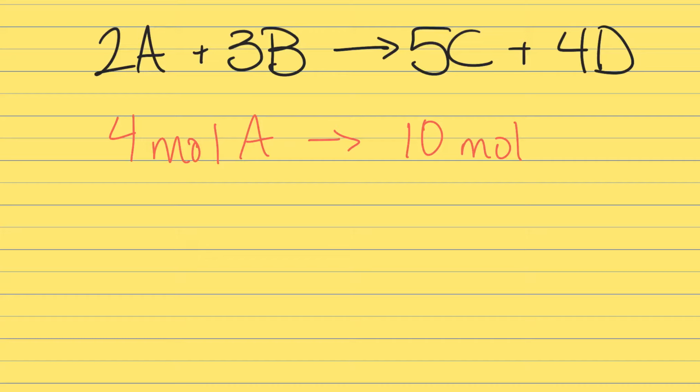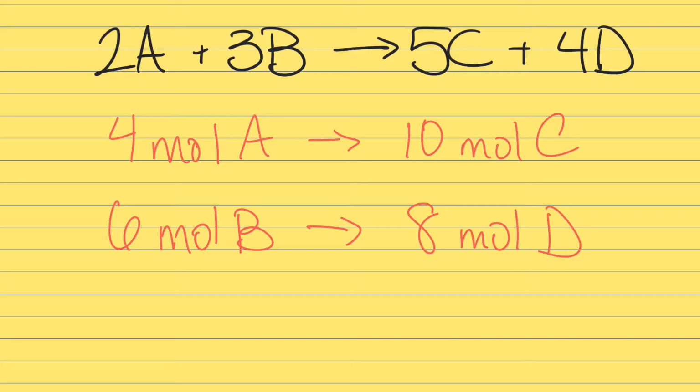All right, so here are other examples that we could talk about. Let's say if we have 6 moles of B, this will produce 8 moles of D. Once again, I multiplied this by 2, and so I multiply this number by 2 as well.